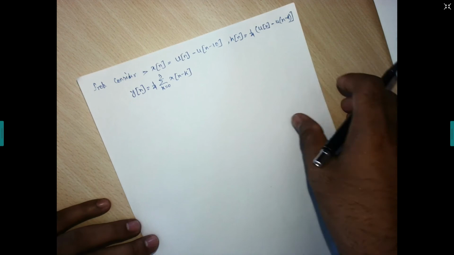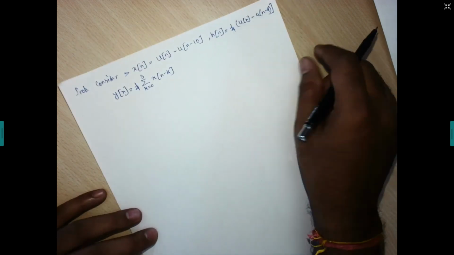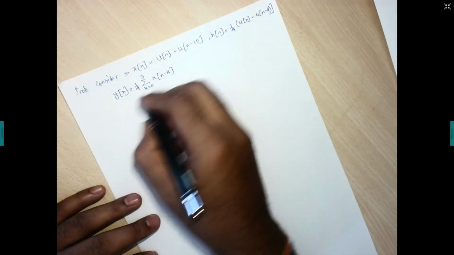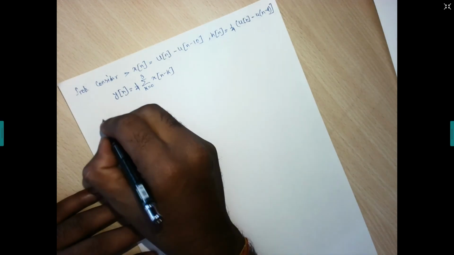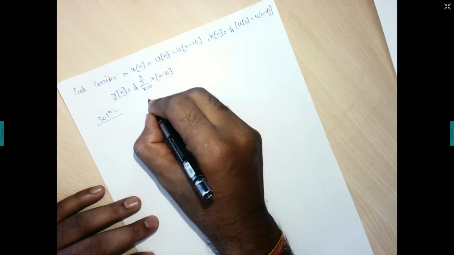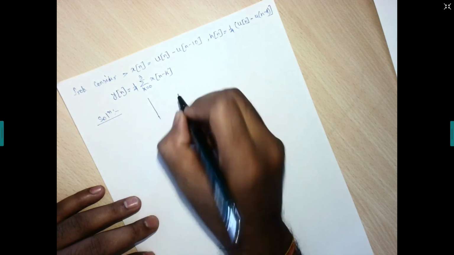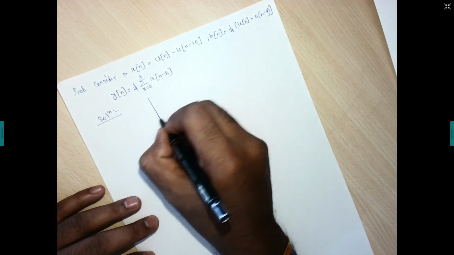So this xn is having the amplitude of 1 and this hn is having the amplitude of 1/4. So if we plot these two, this xn, it is having 9 samples starting from 0, right? In total 10, but starting from 0 we need to go to 9.